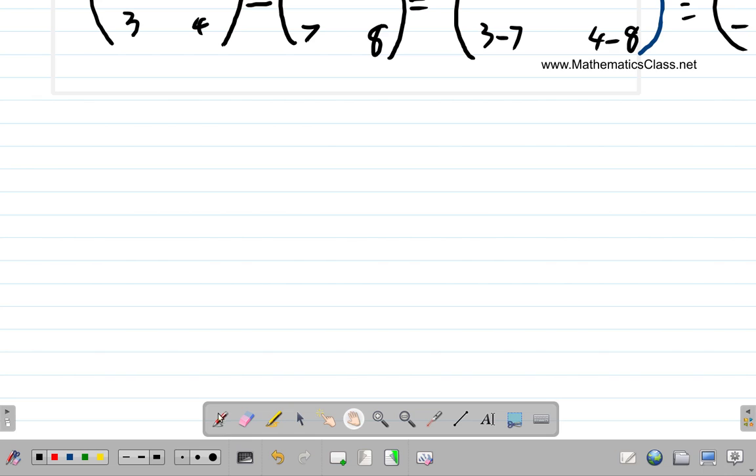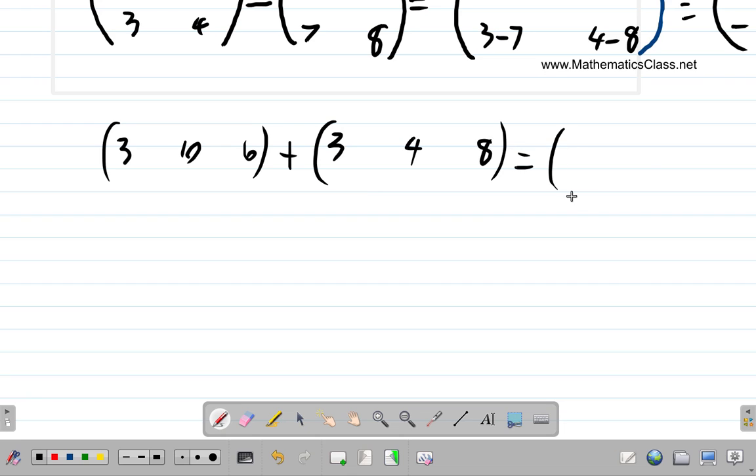Let's try a few more examples. Suppose we have 3, 10, 6 plus 3, 4, 8. We're going to add those two matrices. Row 1, column 1 element is 3 plus row 1, column 1 element in the next one, which is 3. So it's 3 plus 3.